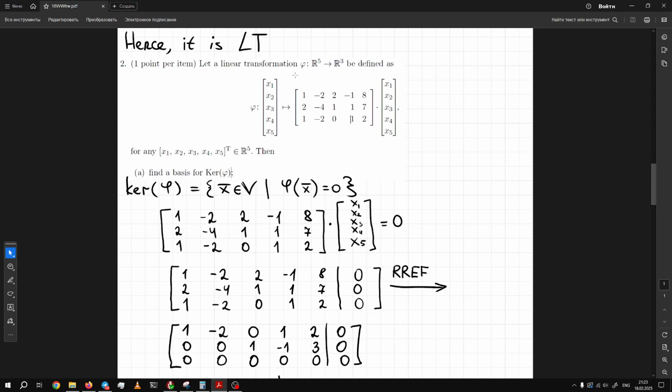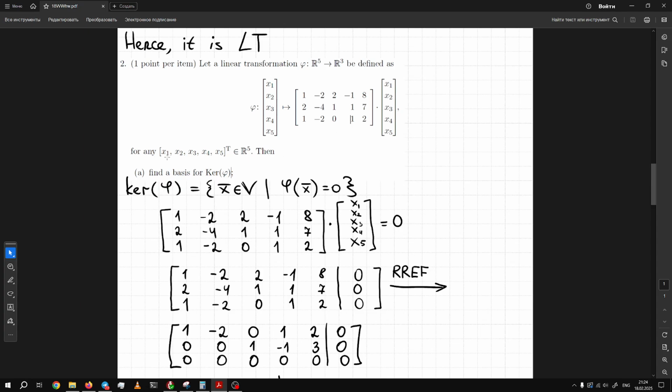Let a linear transformation phi from R5 to R3 be defined as. Look, this is our transformation named phi. So from this vector we transformed into this one. This is some matrix multiplied by this vector which was at the beginning.